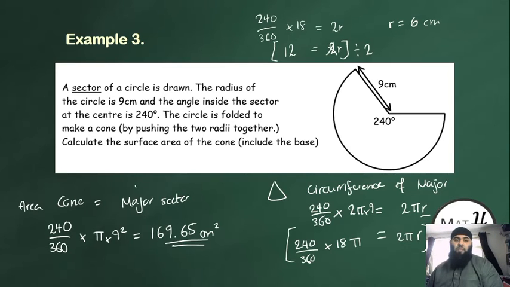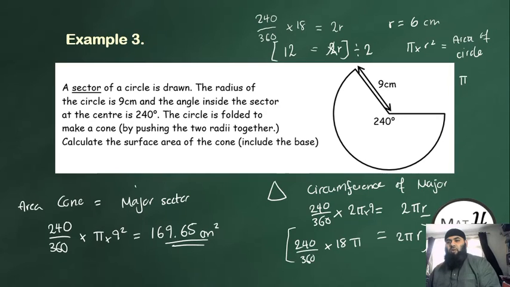The area of the base of the cone itself is pi r squared. Pi times r squared is the area of the circle. All I'm going to do is plug r in there, substitute it.